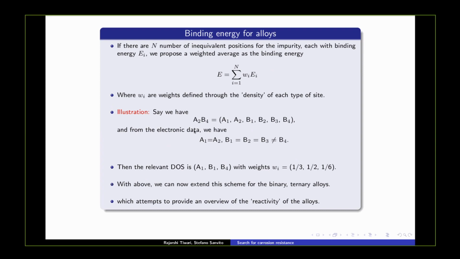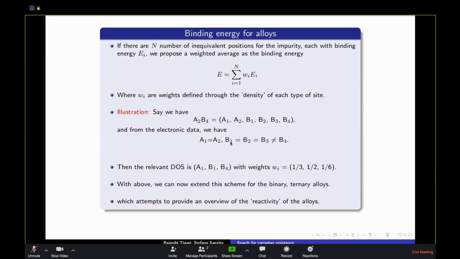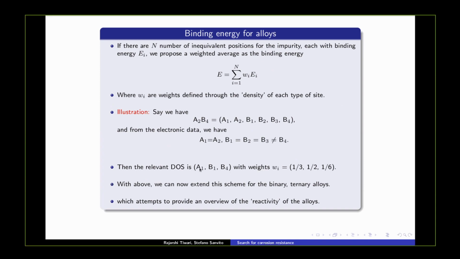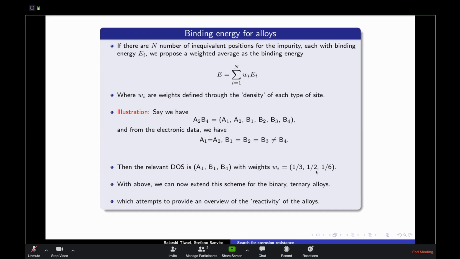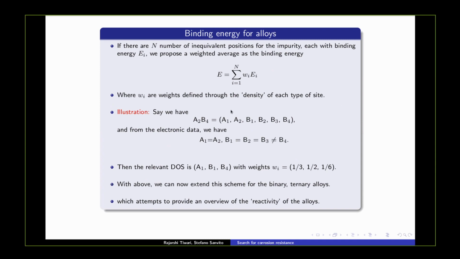From the electronic data that we get from AFLOW, we find that A1 is equivalent to A2, and B1, B2, B3 are equivalent, but not with B4. So based purely on weight, the relevant DOS of A1, B1, and B4 should have weights 1/3, 1/2, and 1/6. That's how we calculate the average binding energy.